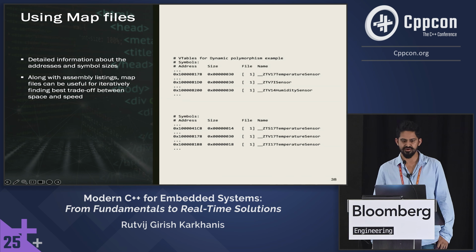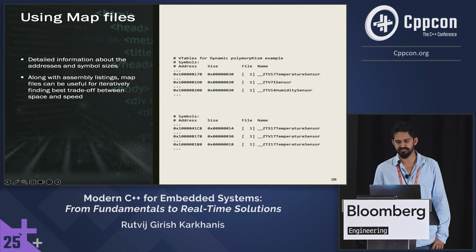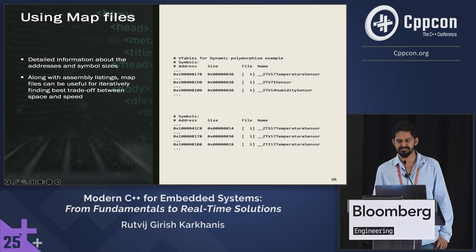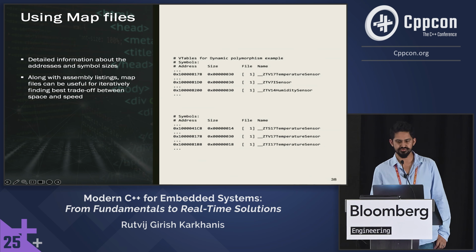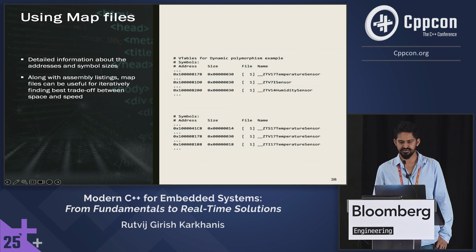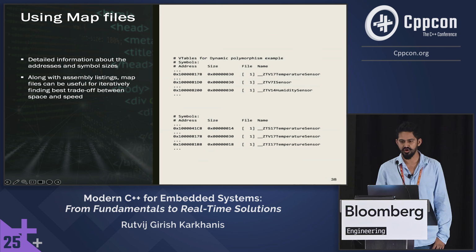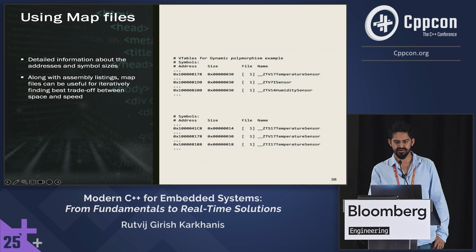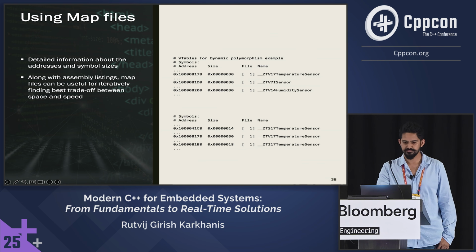When you create an object like temperature sensor, a hidden pointer inside that object, the VPTR, is set to the address of its corresponding vtable. And this is how a call to specific sensor object functions can be resolved to the correct function at runtime.